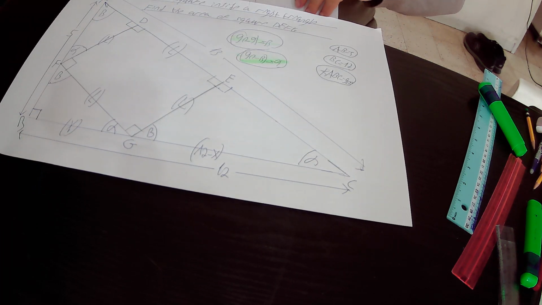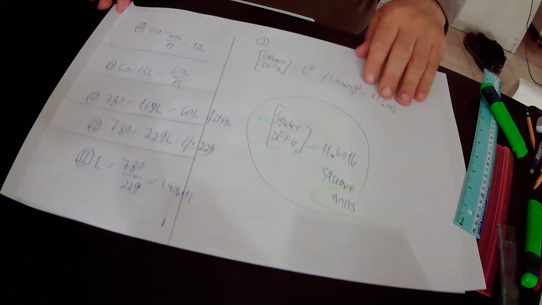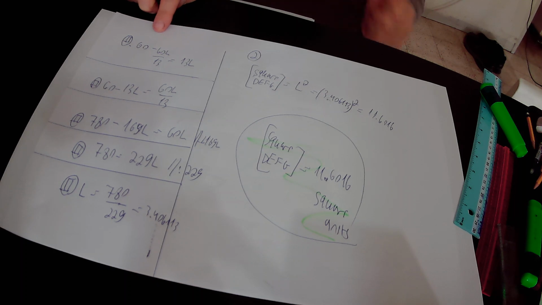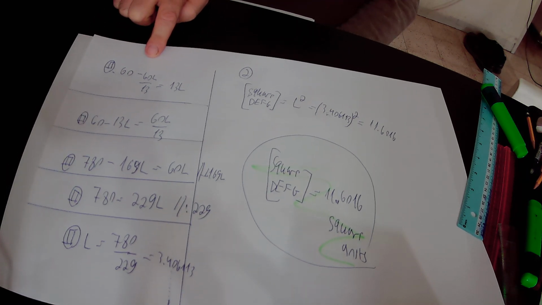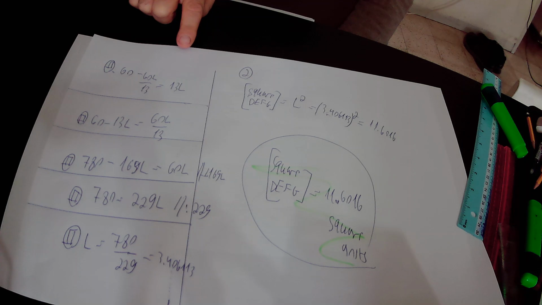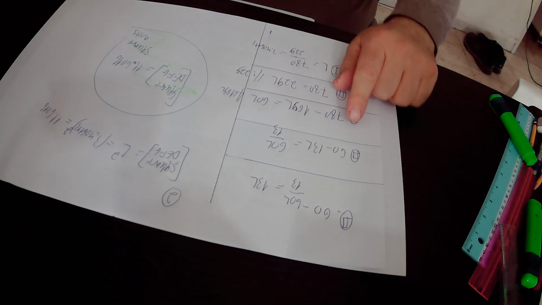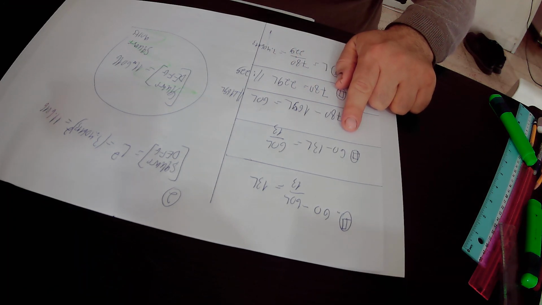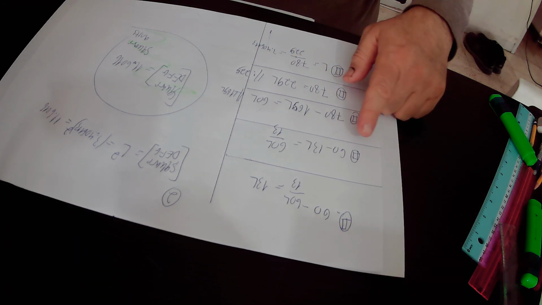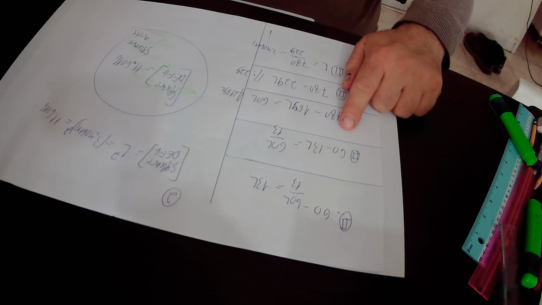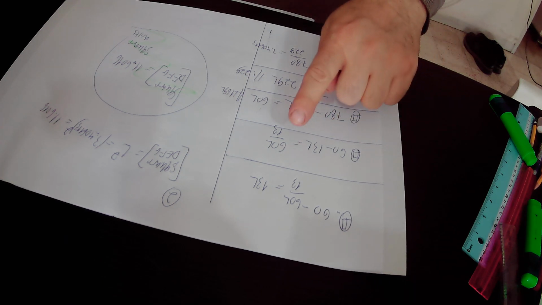Repeat again, we found out that 60 minus 60L over 13 equals 13L.